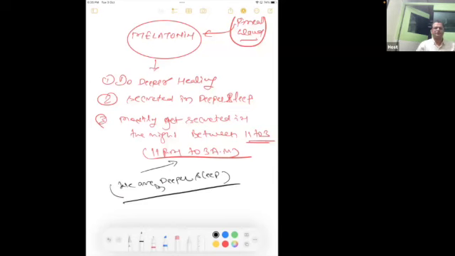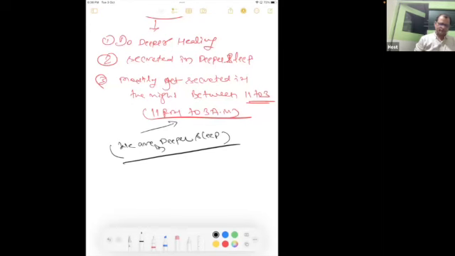Suppose we are not sleeping by 11 o'clock, then it will not get secreted. मानो कि हम 11 बजे नहीं सोते, तो ये सीक्रेट नहीं होगा. तो मेलाटोनिन का सीक्रेशन केवल तभी होता है जब हम गहरी नींद की अवस्था में होते हैं. Suppose if you are sleeping by 12 o'clock in the night, then maybe after 1 o'clock you are in the deeper sleep, then it will get secreted.